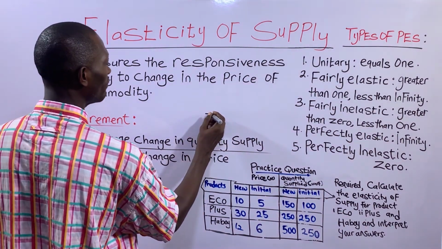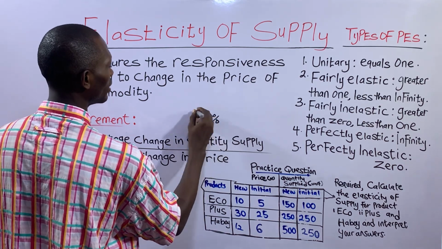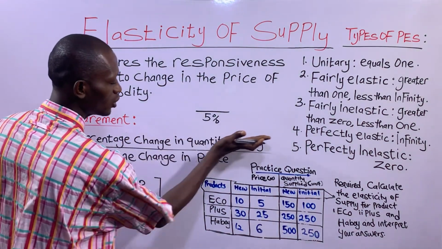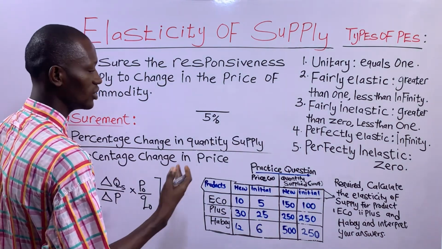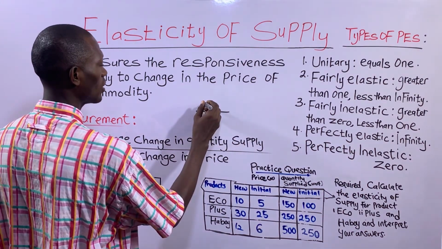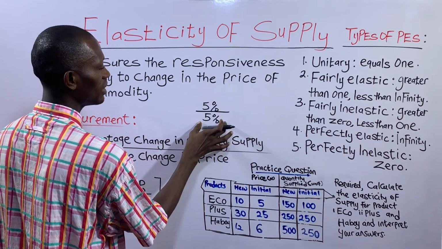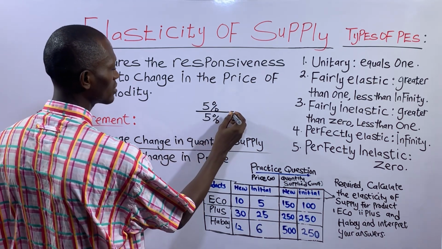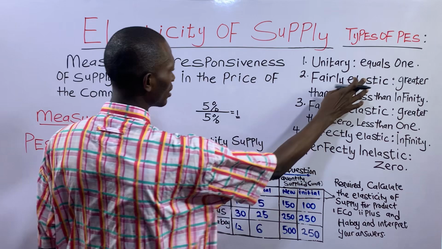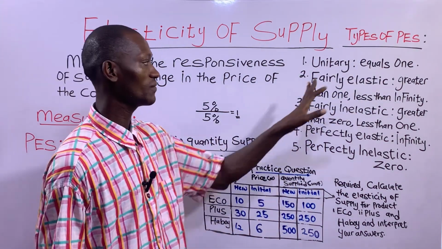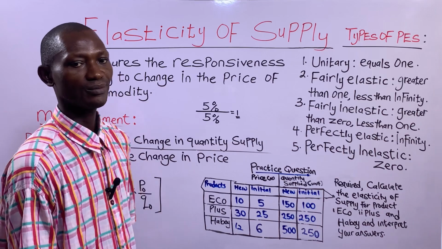So 5% change in price brings about 5% change in quantity supply. So here we have 5% change in price, and here we have 5% also. So 5% divided by 5% gives us 1. That's how we come about this 1 as the elastic coefficient for unitary.